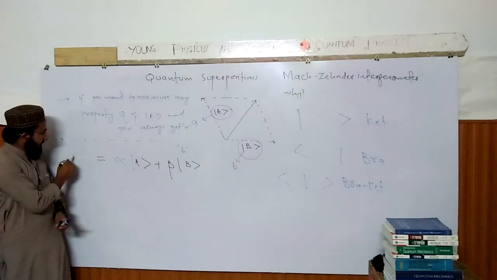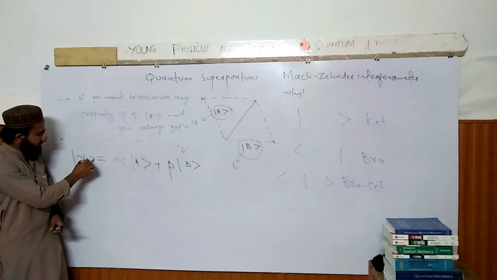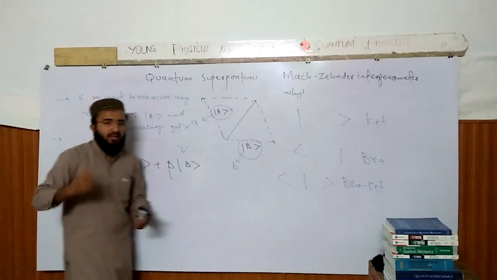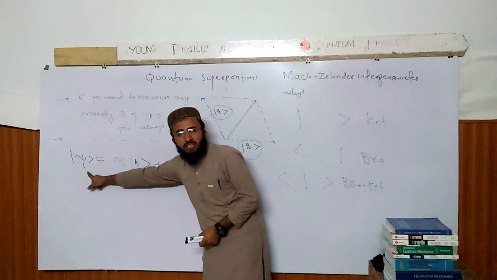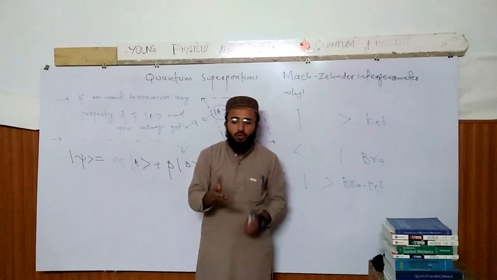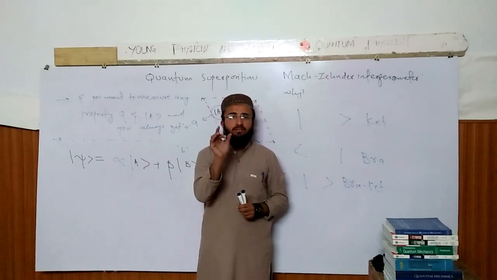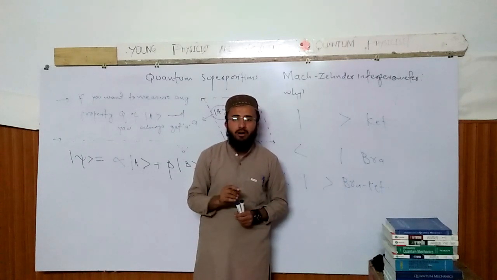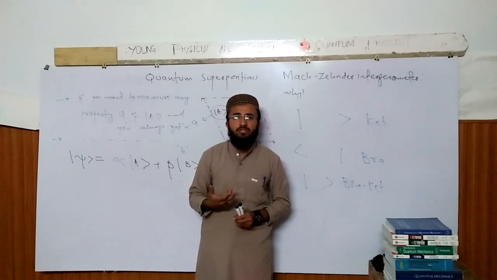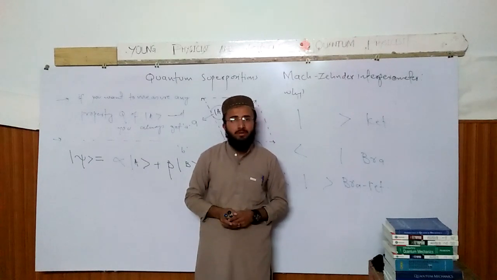You can write it in terms of the wave function psi. Why did I write it in terms of the wave function? Because I told you before that the wave function determines the state of a quantum system, or describes its properties.